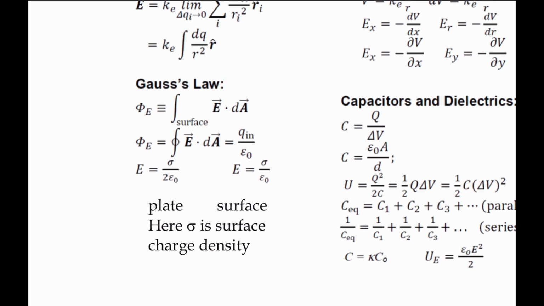E dot dA. Notice both of these are vector quantities because they're bold and they have a line on top of them. This is the dot product, a thing that happens between two vectors, a multiplication of two vectors, the scalar dot product. And over here, we have a new thing included, which is not included in this equation.